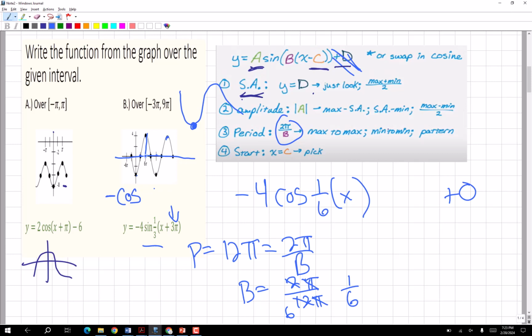So here's 1, 2, which is 6 pi. 1, 2, this would be 12 pi. 1, 2 would be 18 pi. So I messed up on my math here. Okay, 18 pi. Sorry about that. 18 pi over b.